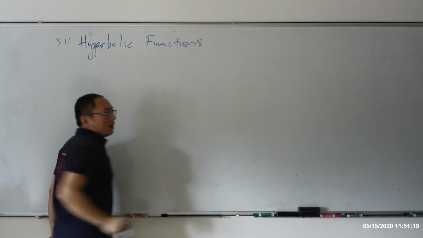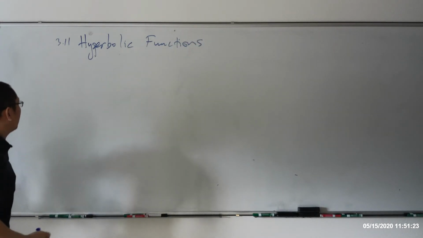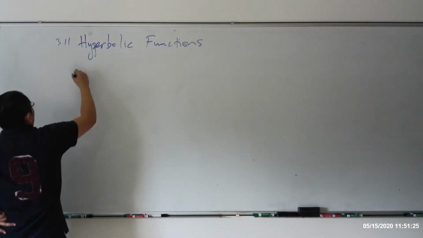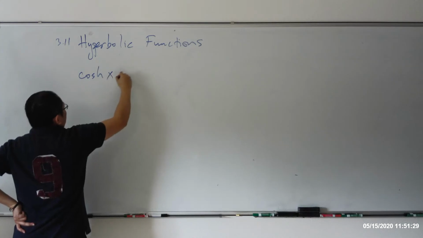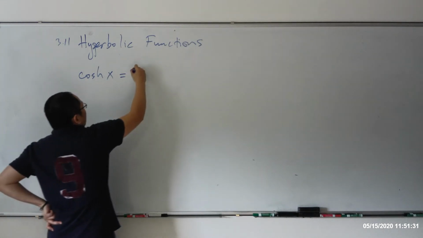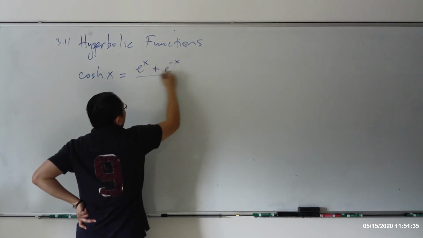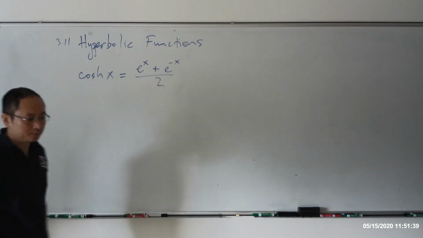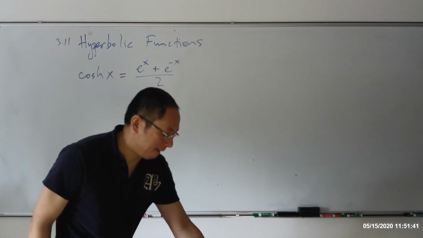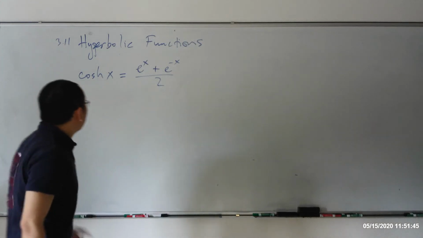Okay. So we're going to define our new sine and cosine. We call them hyperbolic sine and cosine. We define hyperbolic cosine of x is equal to e to the x plus e to the negative x over 2. Just a function. All right, we define it this way. Think of it as an f of x.